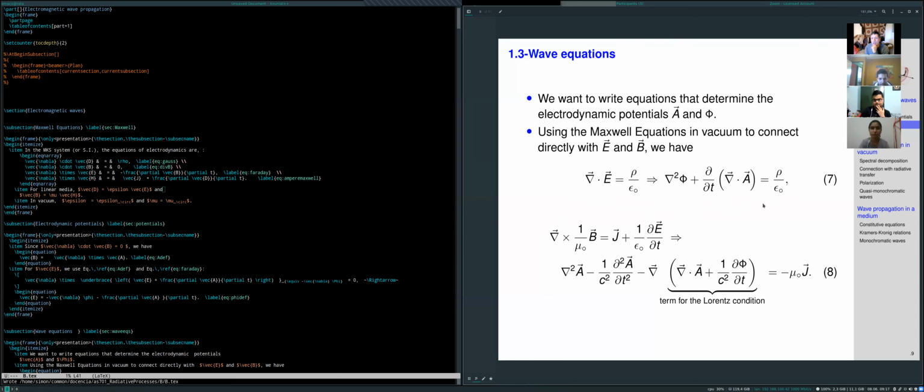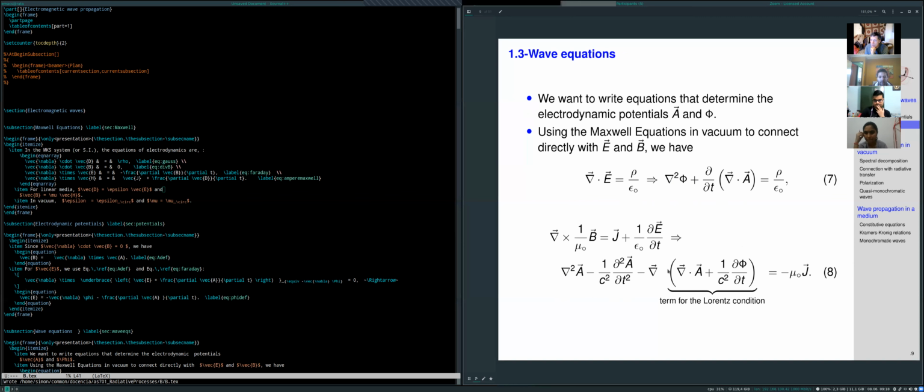Then we use the Ampere-Maxwell equation, and we replace B and E by their expressions in terms of A and phi. We then reach equation 8, which is almost like a wave equation, except for this gradient here.